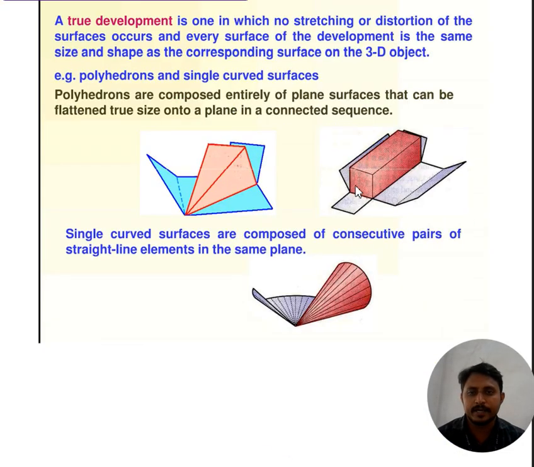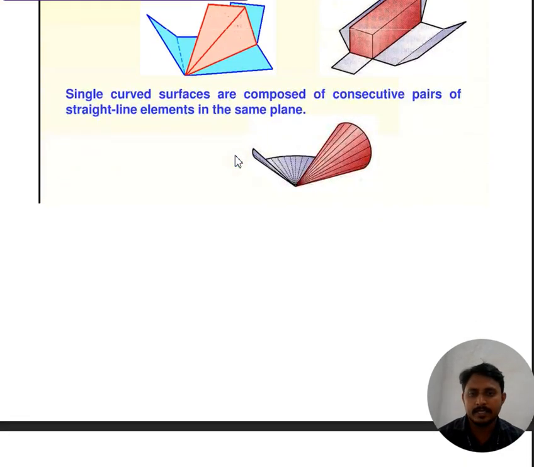And true developments: a true development is one with no stretching. The development which has no stretching is considered a true development, and every surface of the development is the same size and same shape as the corresponding surface on the 3D object. So when the 3D object is available, with the same size and same shape, with no stitching and no extension, then it is called a true development surface. Examples for single curved surfaces are true development cases.